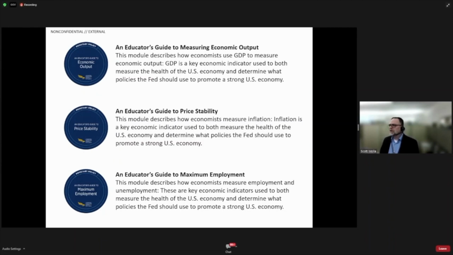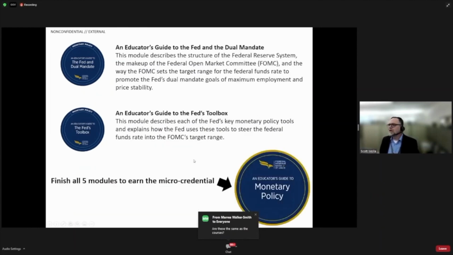It talks about how the Fed thinks about inflation, how inflation is measured, all of this in the context of monetary policy. From there, you pass to maximum employment. Again, this isn't just your textbook definition of employment and unemployment. It's really in the context of how the Fed thinks about employment and maximum employment.